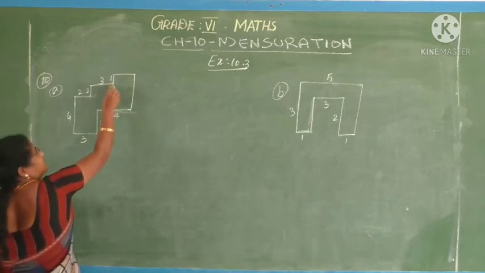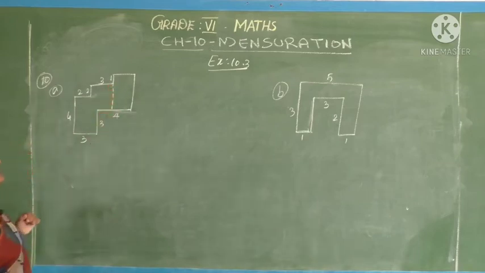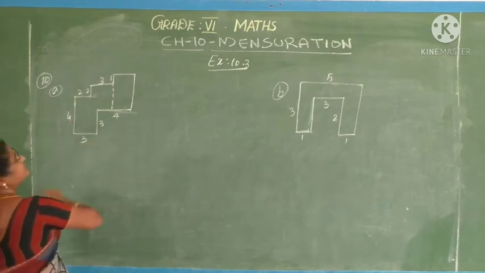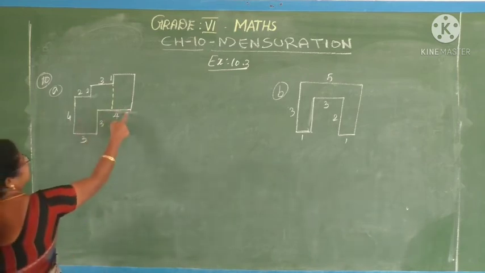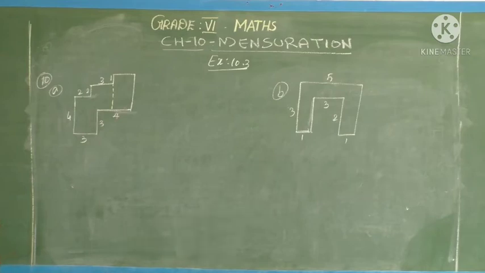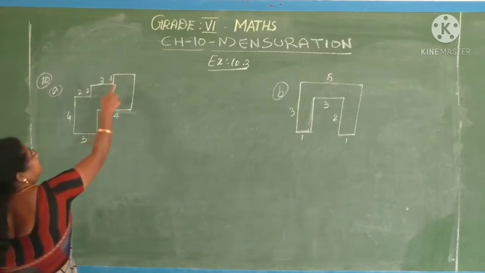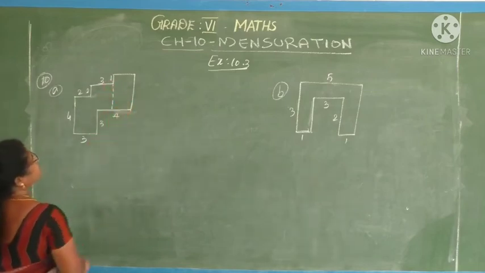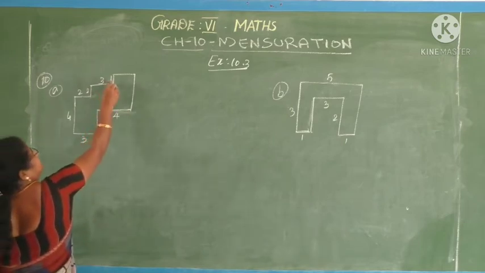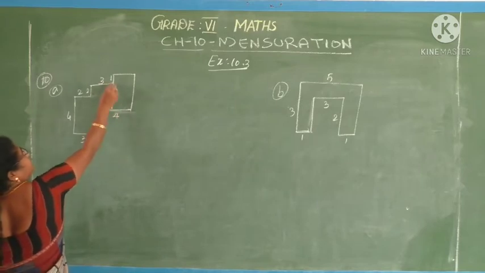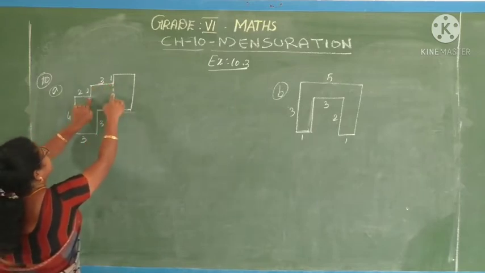This we make one rectangle. In this rectangle, this full length is 4 centimeter. So we have to measure all the measurements and split. This distance, how much? From here, 2 centimeter.